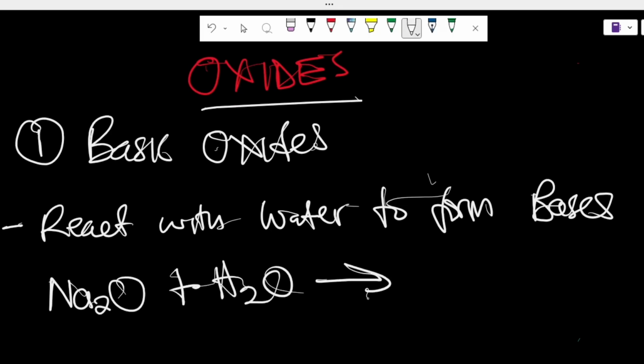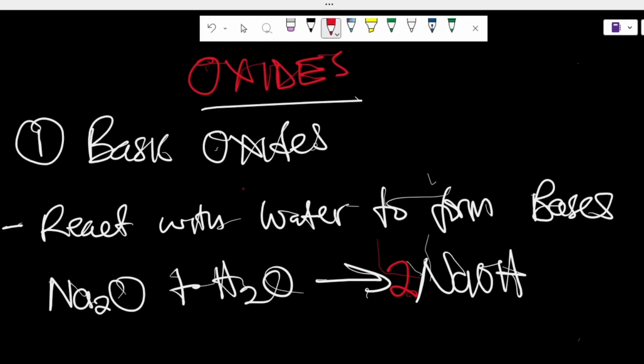This is going to give us sodium hydroxide. So we can balance this by putting a 2 here. But as you can see, when you react this sodium oxide with water, it's not giving us an acid, rather it is giving us a base. This implies that this basic oxide is indeed basic because it is producing a basic compound.